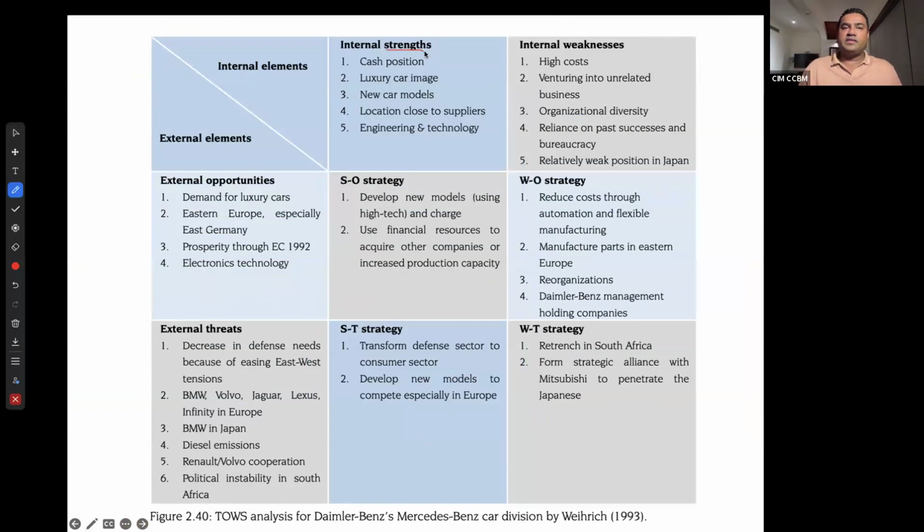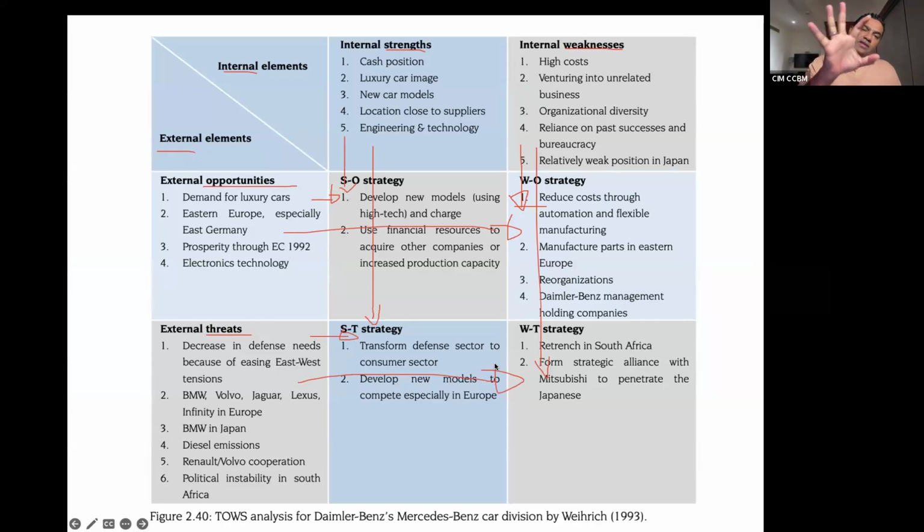What are its strengths and weaknesses, which are internal, opportunities and threats, which are external, and then you go to the strategic options, like I explained before. So I hope you have got it now. The TOWS matrix not only has the SWOT, it also has strategic options.